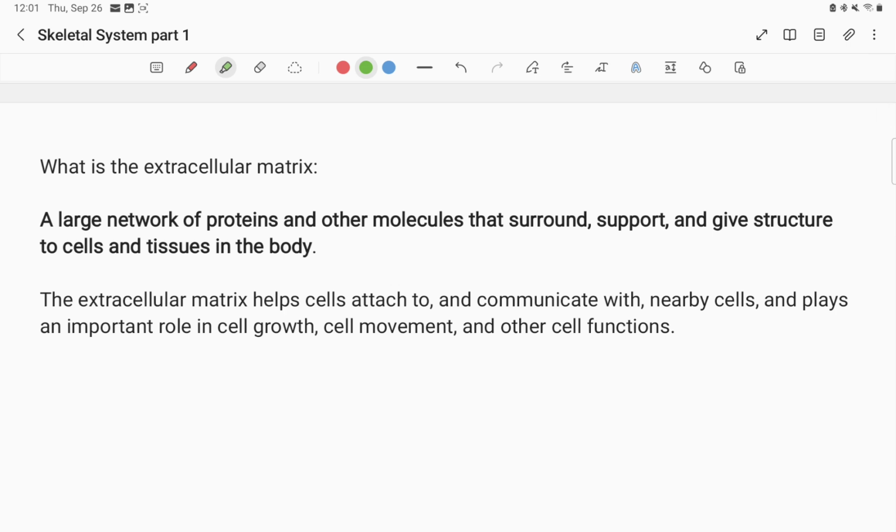Okay, the extracellular matrix is a large network of proteins and other molecules that surround, support, and give structure to the cells and tissues in the body. The extracellular matrix helps cells attach to and communicate with nearby cells, and plays an important role in cell growth, cell movement, and other cell functions.